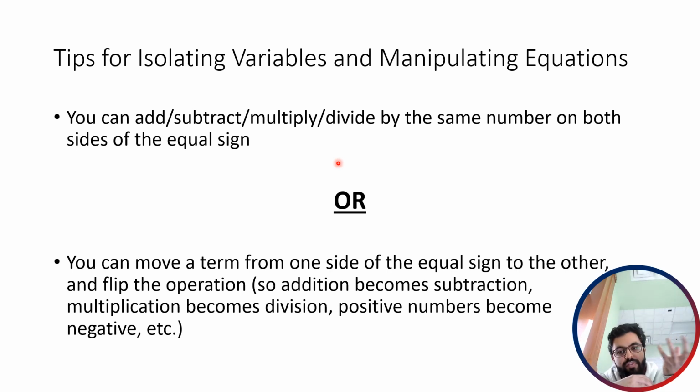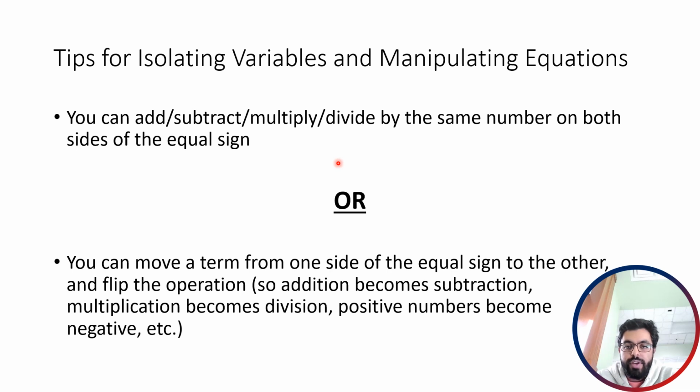So if you've got x plus 5 on one side of the equal sign, then what we've been doing is minus 5 over here and minus 5 over here so that we get rid of the plus 5 on the left side, and then those disappear on this side and you end up with something else on the other side. That's totally a fine way to do it.